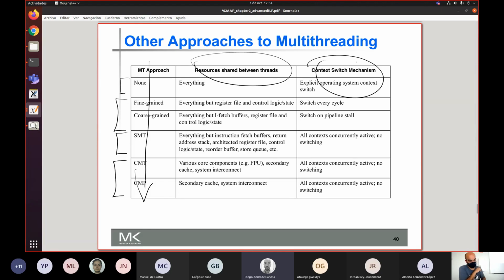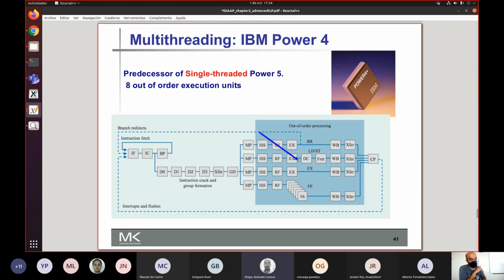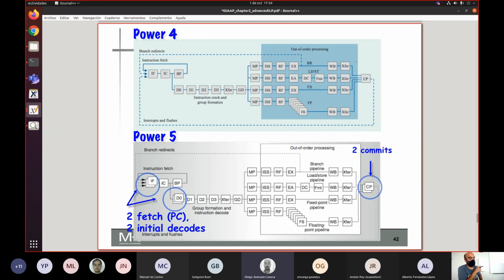Okay, so these are just a few examples of processors. This is the pipeline of Power 4. It's not very relevant, okay? But what is relevant is the evolution between the Power 4 and the Power 5. The Power 4 actually was one of the examples that we gave of CMP, okay?